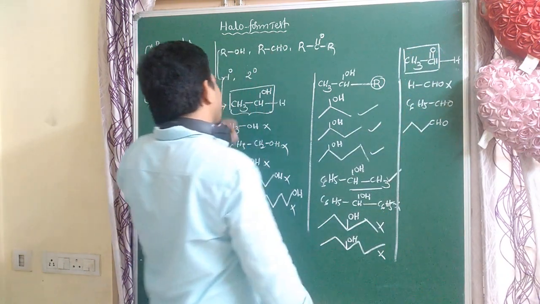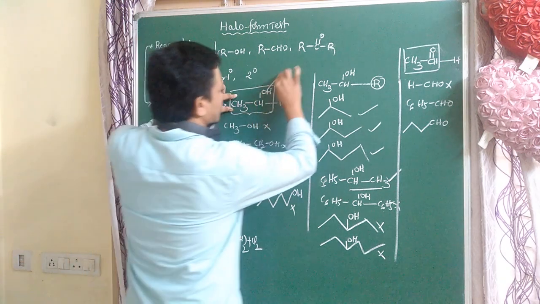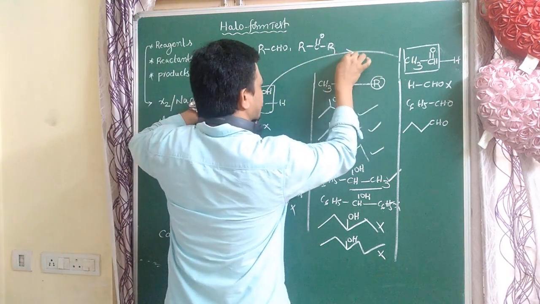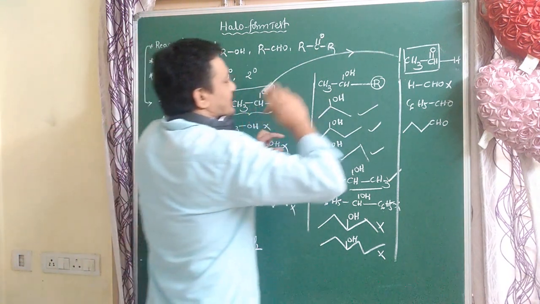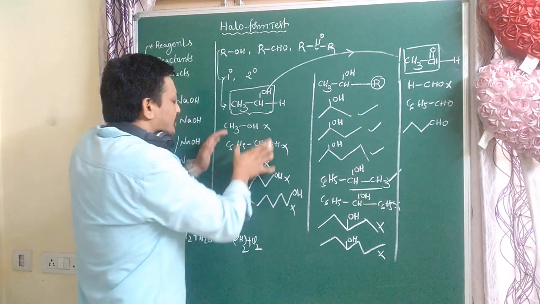Acetaldehyde comes from the primary alcohol ethyl alcohol, since ethyl alcohol on oxidation gives acetaldehyde. So ethyl alcohol is involved in the haloform test and acetaldehyde is involved in the haloform test. Other primary alcohols are not involved.